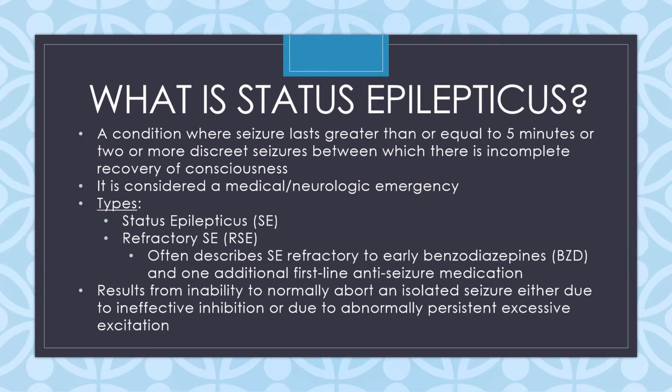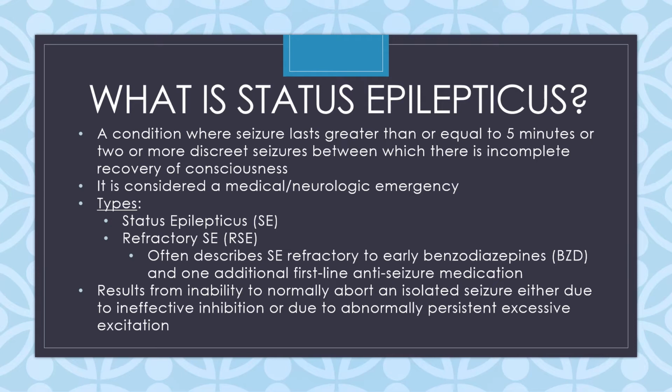You can see it as a medical or neurologic emergency, and it is specified into two types: status epilepticus and refractory status epilepticus, which is when a status epilepticus patient is given a benzodiazepine as well as additional first-line anti-seizure medication, however their seizure symptoms continue to go on and do not resolve with these medications. Today we will be focusing on status epilepticus.